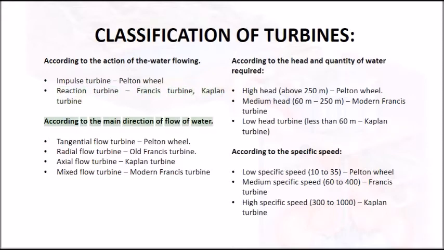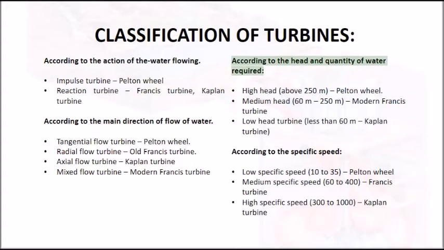According to the main direction of flow of water: tangential flow turbine, Pelton wheel; radial flow turbine, old Francis turbine; axial flow turbine, Kaplan turbine; mixed flow turbine, modern Francis turbine.